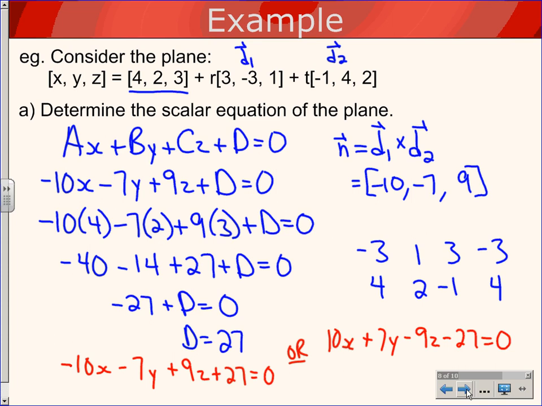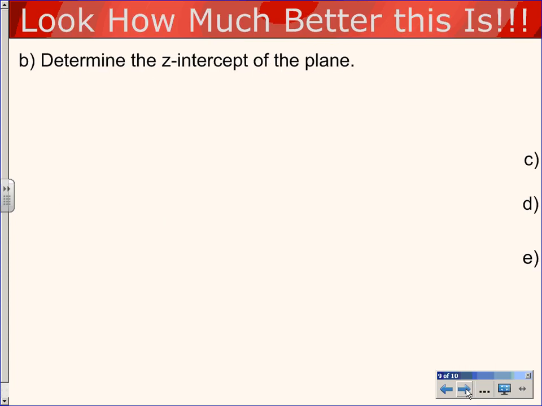minus 27 equals 0. If I want to find the z-intercept of the plane, remember the way we did this last day, we wrote everything in parametric form, set x and y to 0, solved the parametric equations for the two parameters, our r and t, and then subbed them back in to solve for z. That was what we had to do to get the z-intercept. This time, if we want to find the z-intercept, we set x to 0, we set y to 0, and we solve.